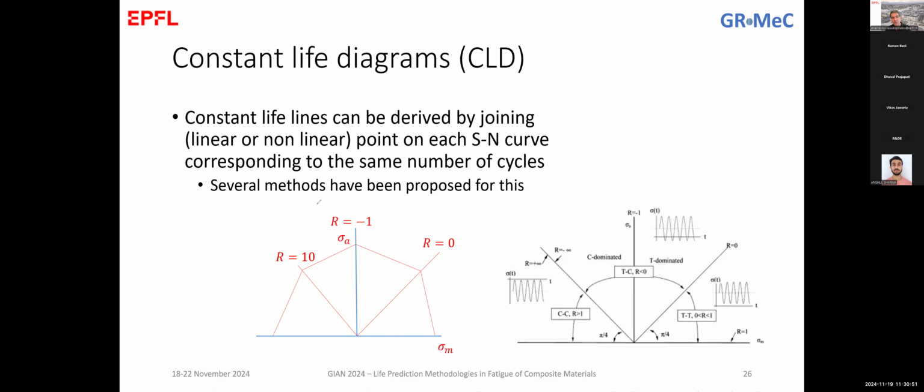There are methods to visualize the fatigue performance and methods that allow us to calculate additional SN curves, so fatigue data, for conditions that we haven't seen yet. And as you will see tomorrow when we talk about fatigue life prediction, this is very important, especially when we try to estimate the lifetime of a material under block loading and variable amplitude loading.